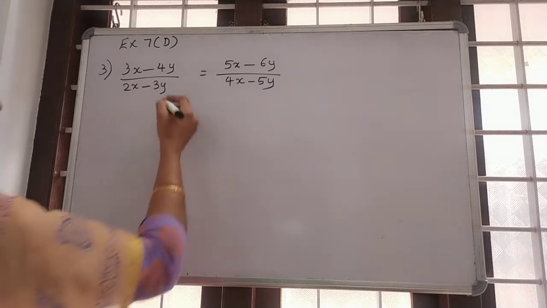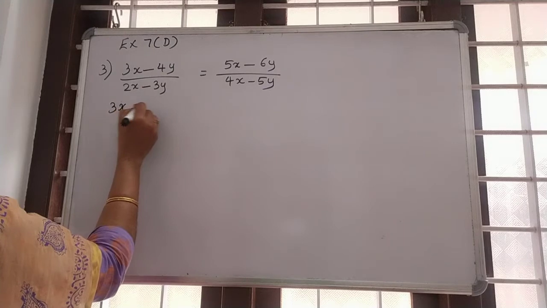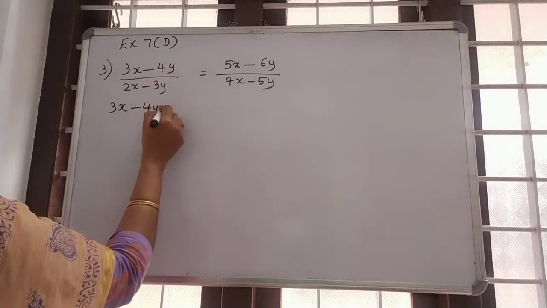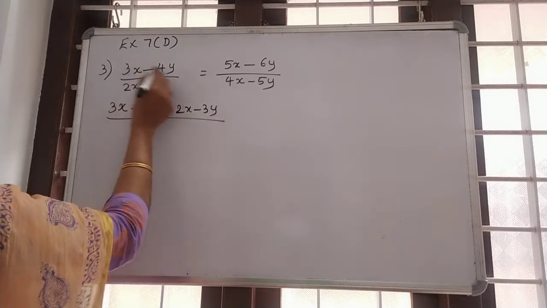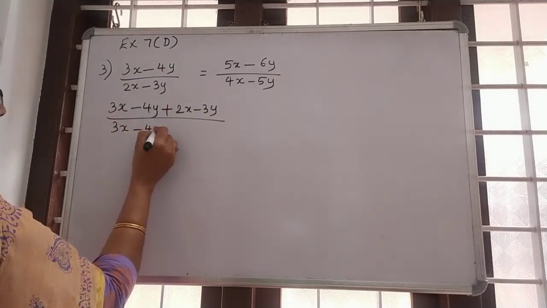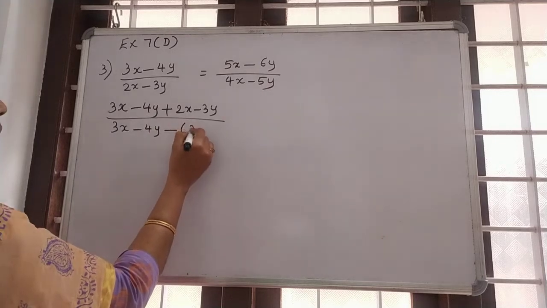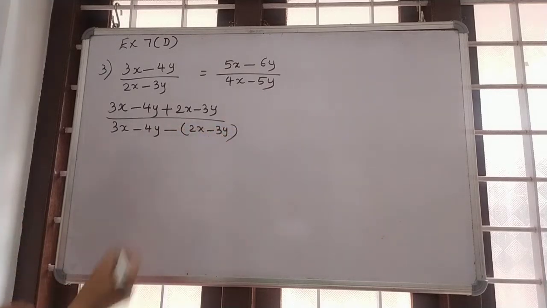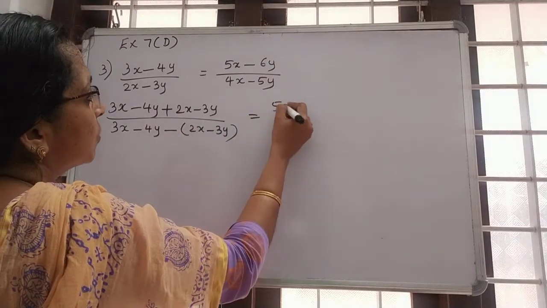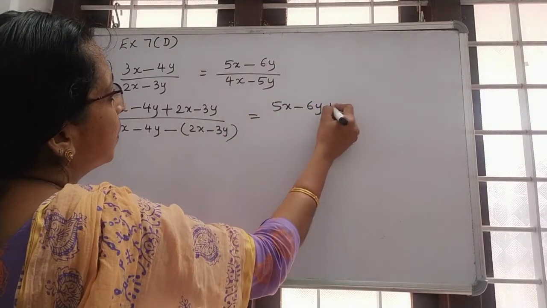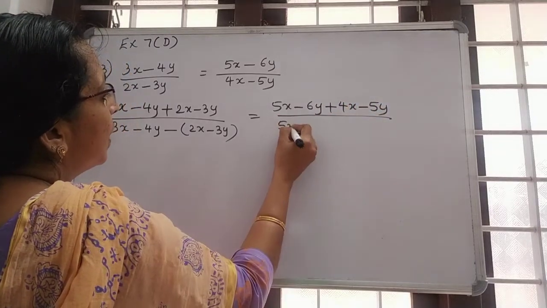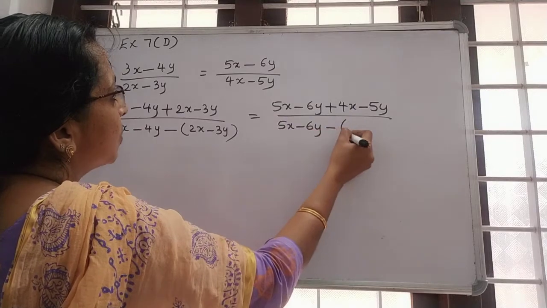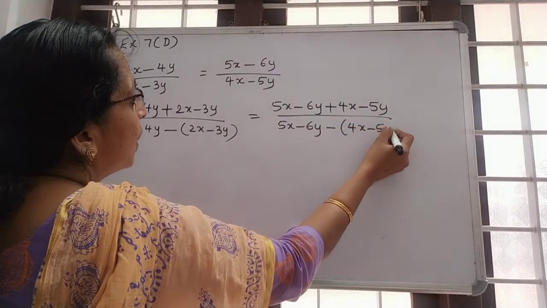Applying componendo, dividendo: 3x minus 4y plus 2x minus 3y divided by 3x minus 4y minus of 2x minus 3y is equal to, same way on the right side, 5x minus 6y plus 4x minus 5y divided by 5x minus 6y minus of 4x minus 5y.